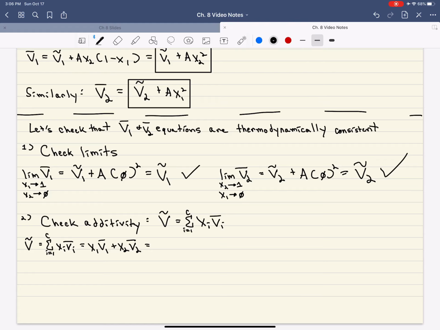From our model, v1 is equal to this, and v2 is equal to this. We can distribute across the various factors.